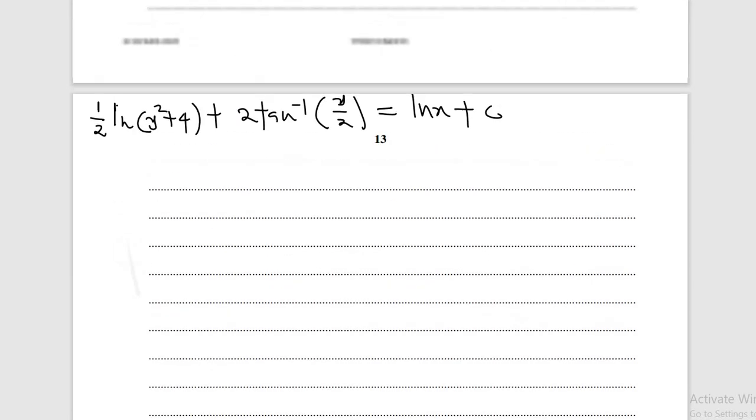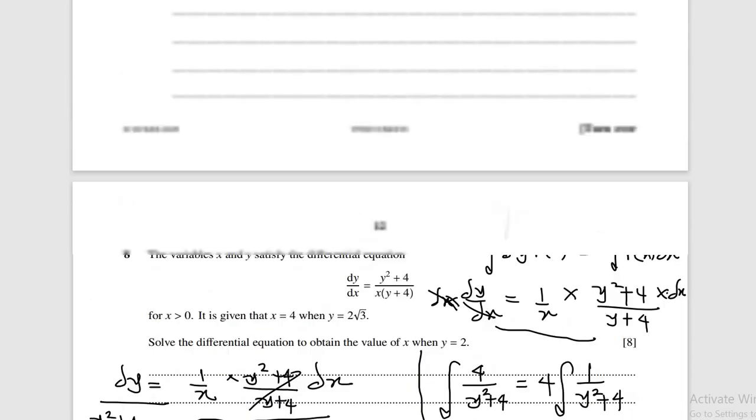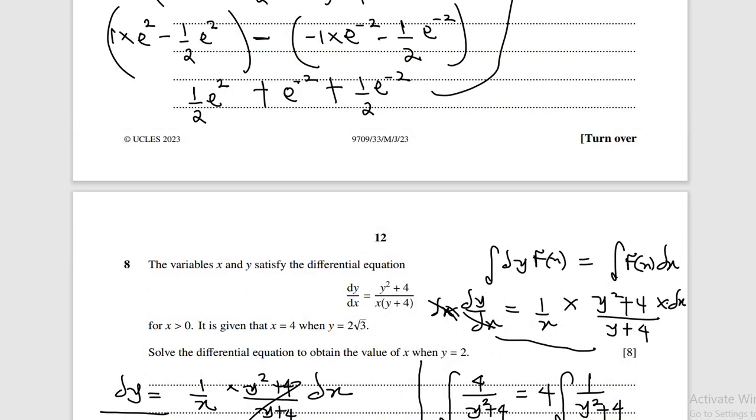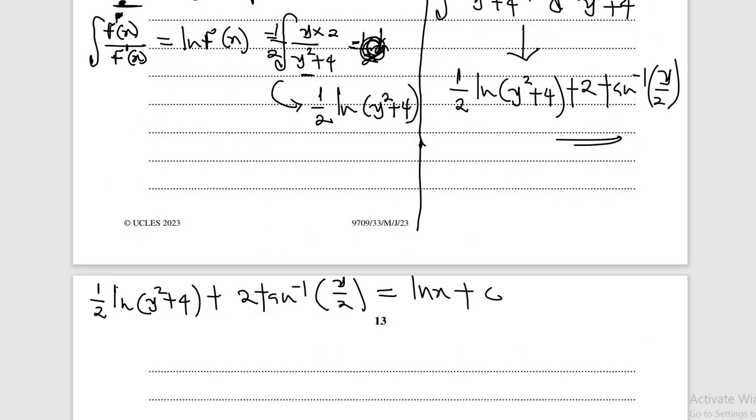Okay, so the next thing is to find the arbitrary constant. The first condition is when x is 4, y is 2√3. So we can get the arbitrary constant from that first condition.